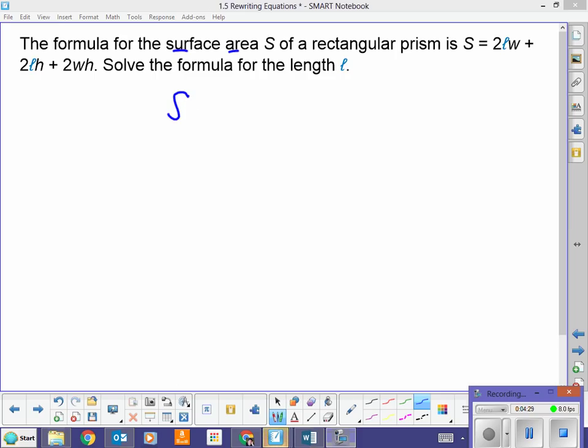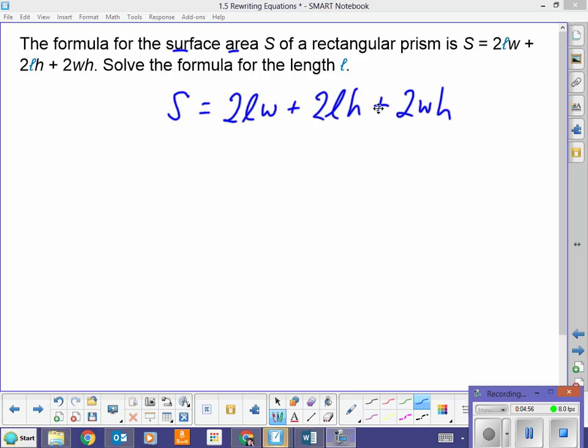Okay, so all they're really giving us is that whole explanation of what this is, but it doesn't really matter what this is. All we know is we have to solve for L. Okay, so we want to isolate this L. And these two terms have the L in them, but this one doesn't.